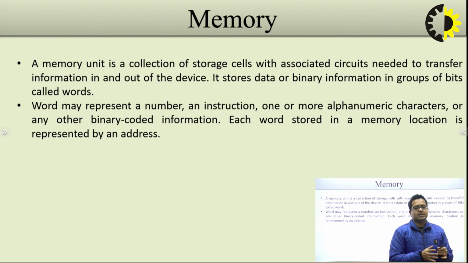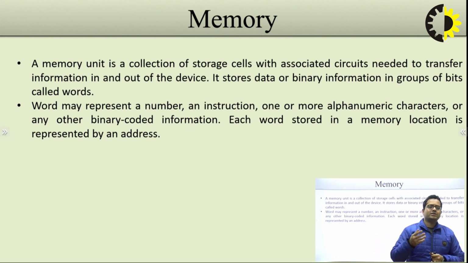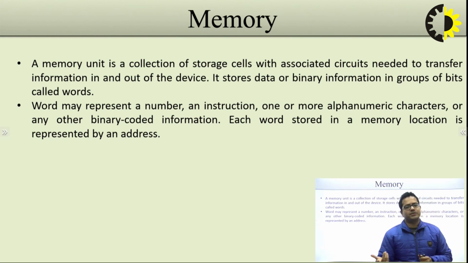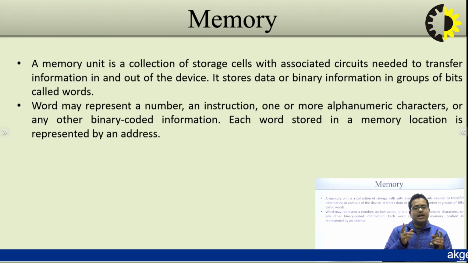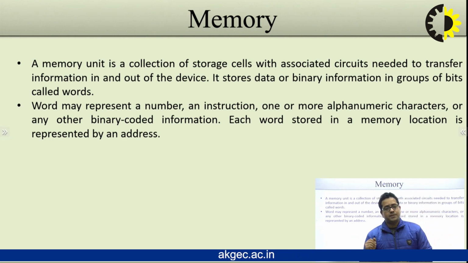In a processor, we have three types of buses. Buses are a set of wires used for carrying zeros and ones. We have three buses in a processor: the address bus, the data bus, and the control bus.